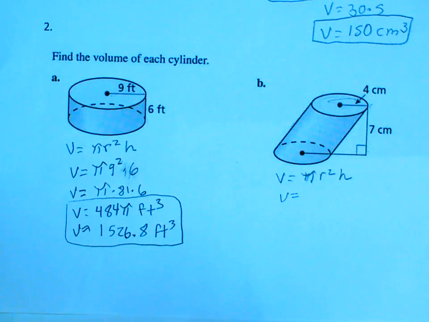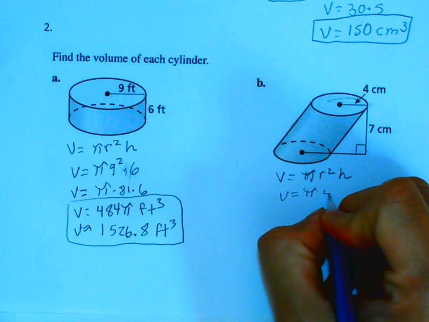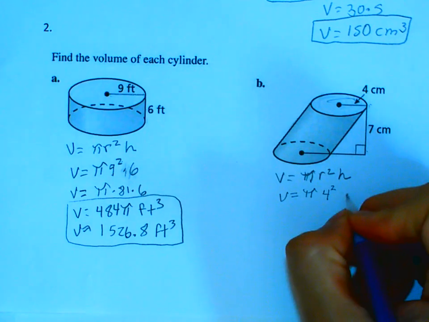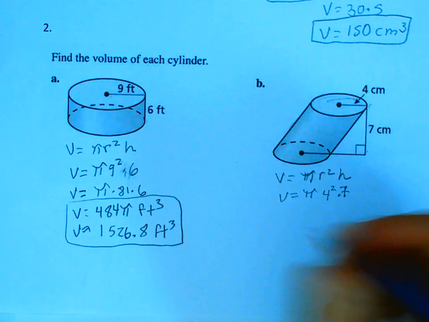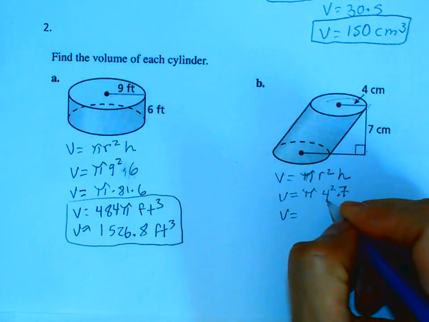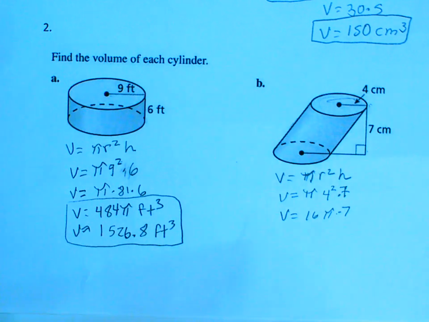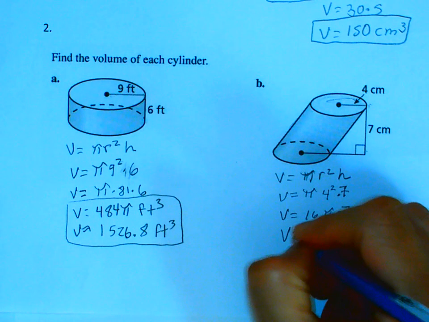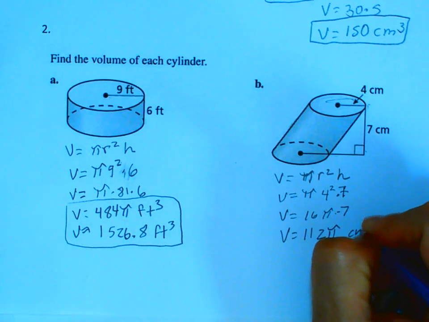Okay, so pi r squared, 4 squared, multiply by the height of 7. So that's going to be 16 pi times 7. The volume would be 112 pi centimeters cubed.